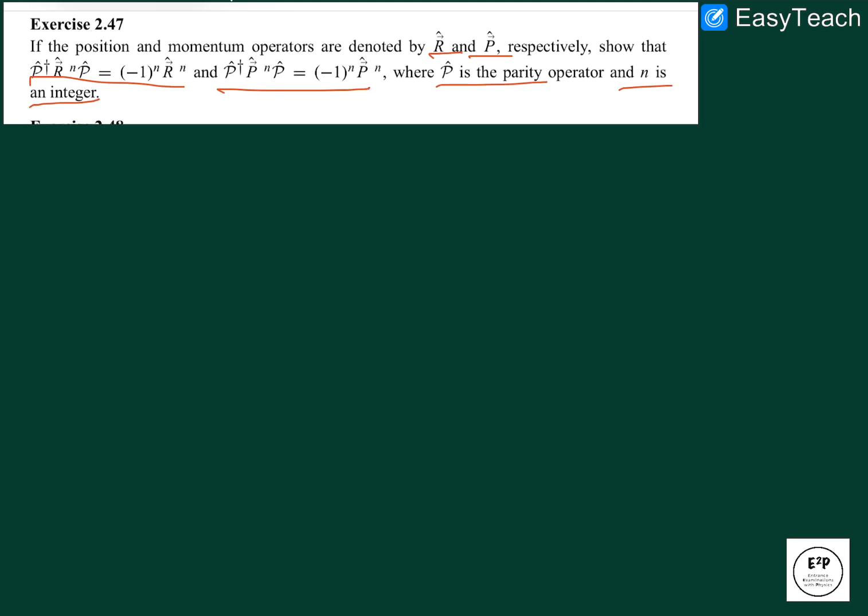Before we move ahead with the solution, I would recommend you go through the parity operator, section 2.6.5, on page number 128.